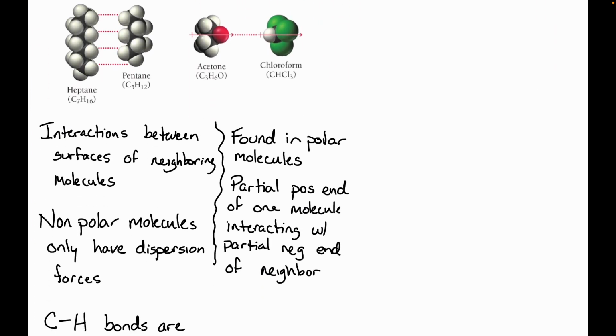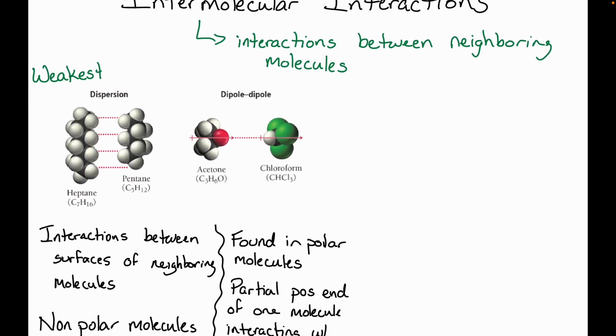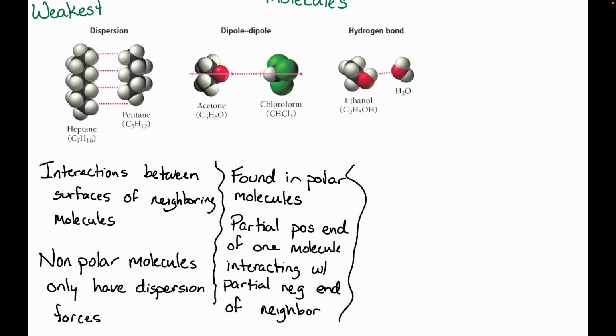Cool. All right. Next level up is what we call a hydrogen bond. A hydrogen bond is actually just another example of a dipole-dipole interaction, but using a specific combination of atoms. So this is again an interaction between polar molecules.